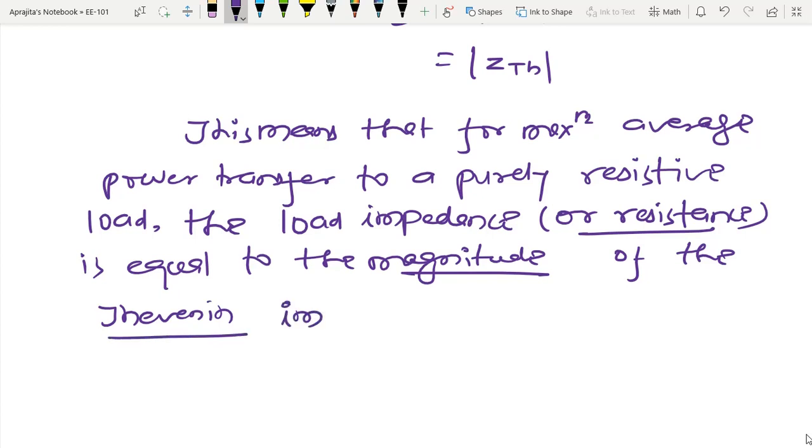So that is the concrete result: if my whole circuit is AC and I connect it with a purely resistive load, then in order to perform the maximum power transfer to that resistive load, I have to match the magnitude of Thevenin's impedance, that is equal to RL.